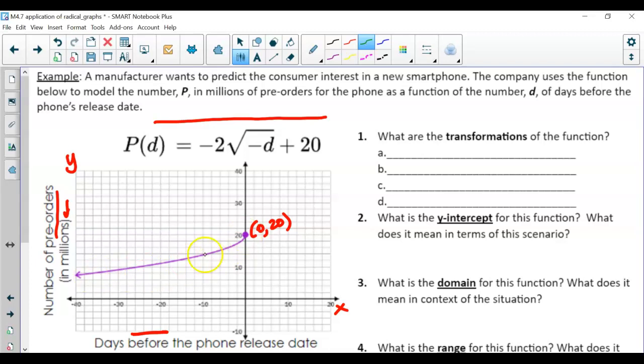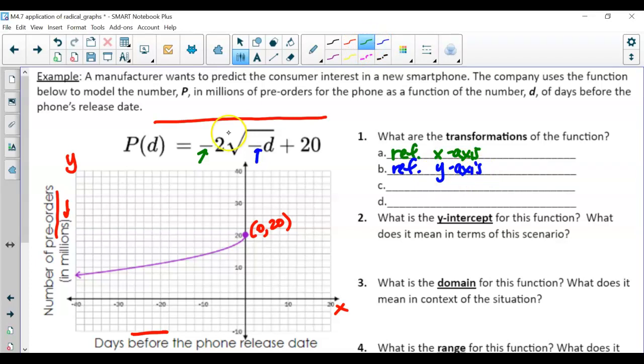So notice here, and we could see this visually, our negative here. Well, we actually have two negative values. So it's not only a reflection over the x-axis, we also have the negative inside. So we have the reflection over the y-axis as well. So we have a double reflection.